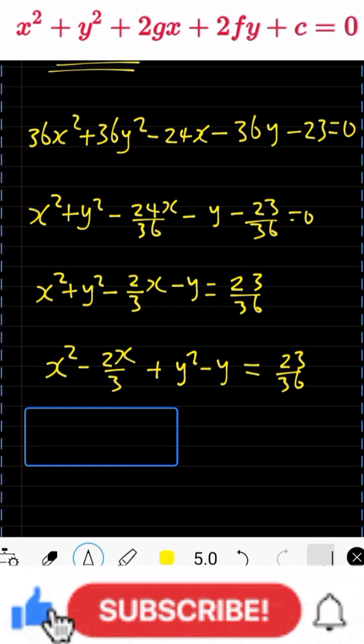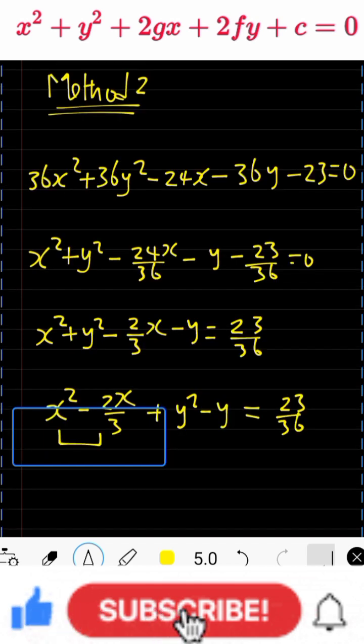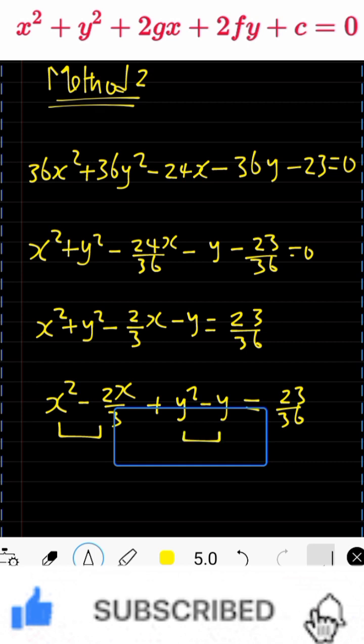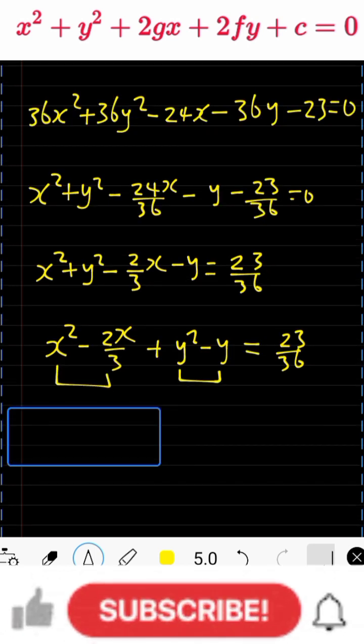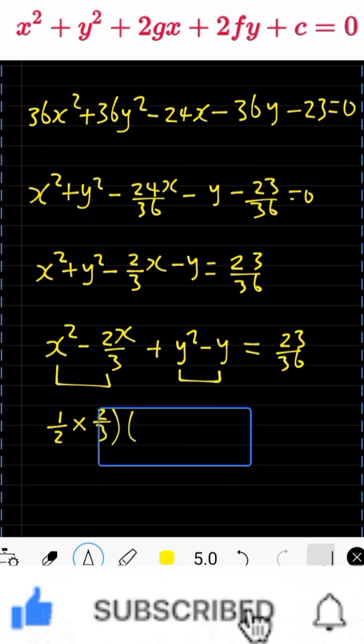Now we are going to convert this and this, each of them, into a perfect square. So to the x part, we are going to add half of the coefficient of x, that is 1 over 2 times 2 over 3 squared.